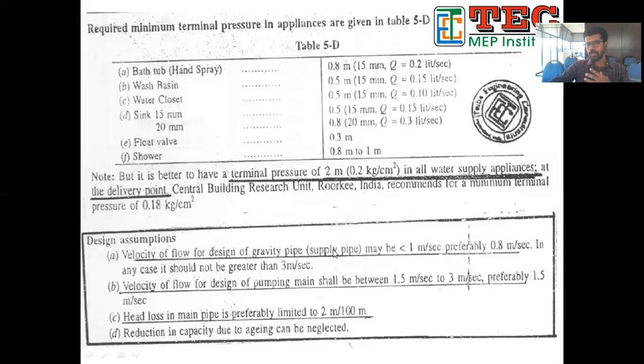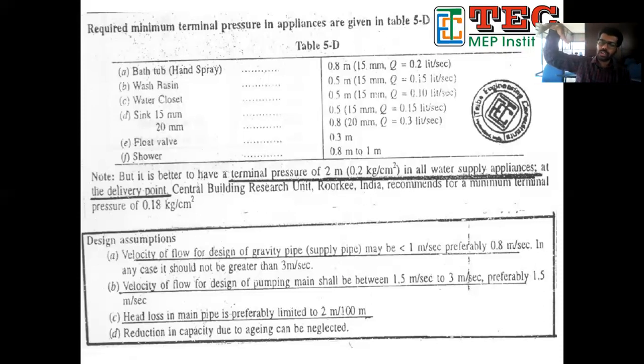So the velocity of flow for the design of gravity pipe, the supply pipe from the overhead tank to the different fixtures, may be less than 1 meter per second, preferably 0.8 meter per second. In any case, it should not be greater than 3 meter per second.